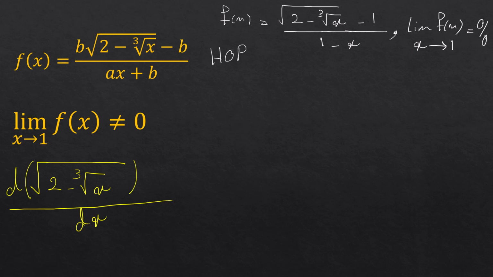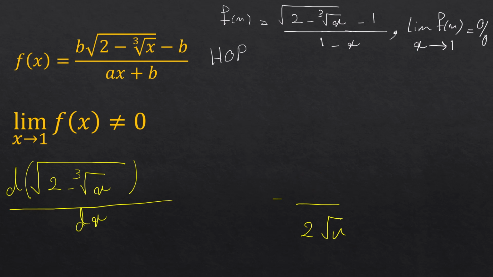And generally, when we have something like the square root of u, its differentiation equals u prime, the differentiation of u, divided by 2 times the square root of u. So bear this rule in mind.